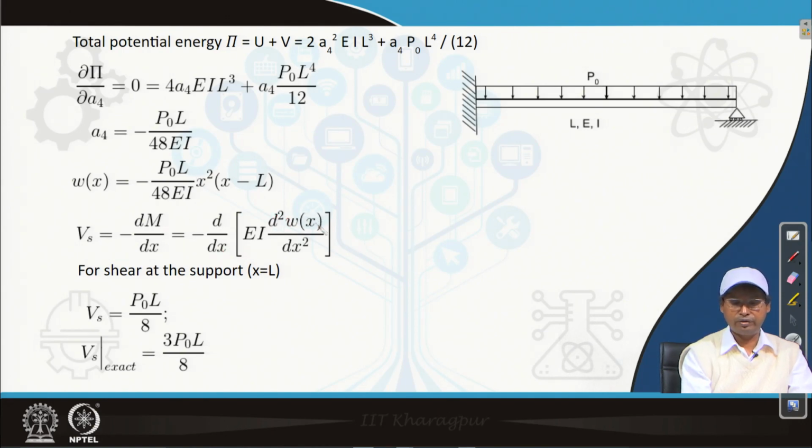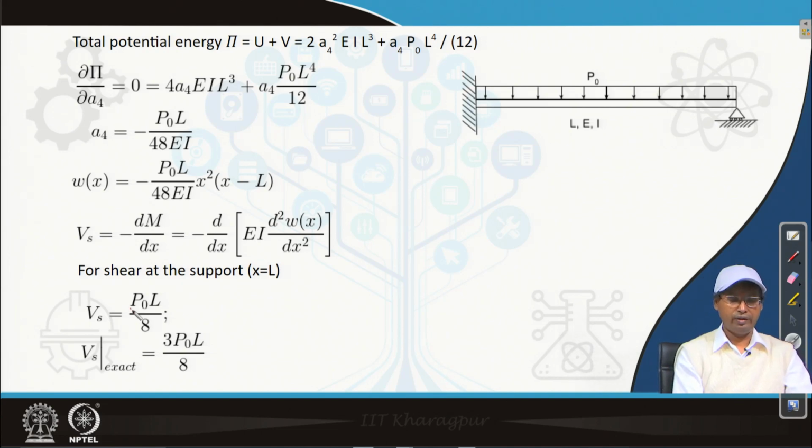Del M is equal to the double derivative of the W function at x equals L; these steps you please carry out. If we put it, we get that the shear force, or the reaction here, is equal to P 0 L by 8. But please note that it is not very close to the exact solution.